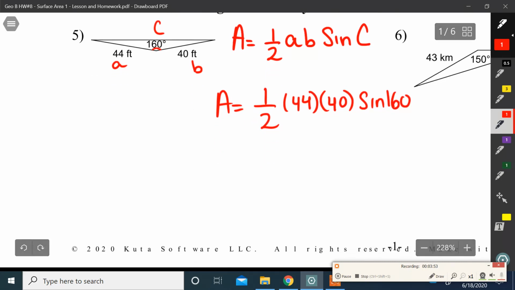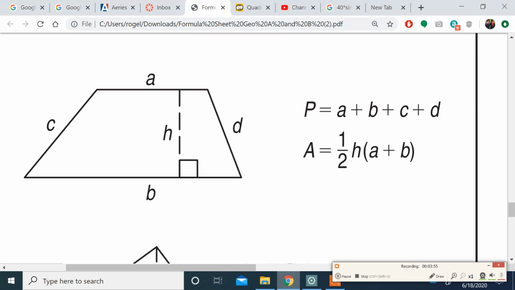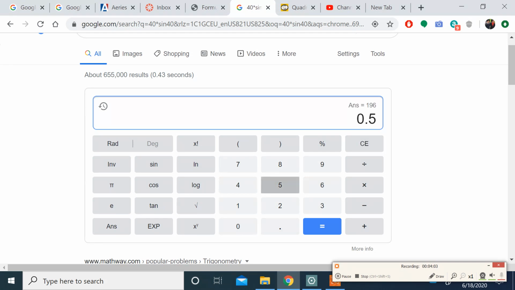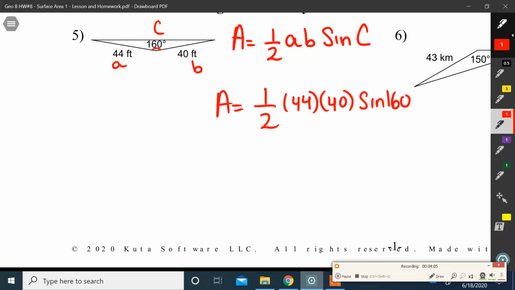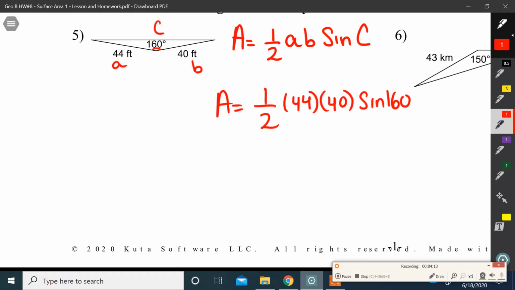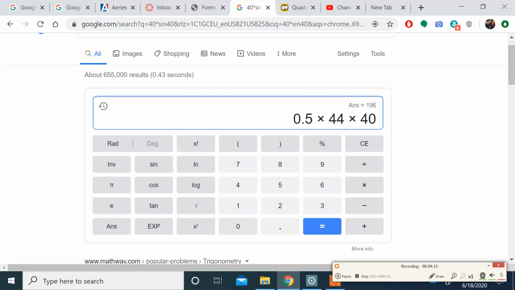Okay, we are going to go to our calculator now. Let me see if I can pull it up right here. So it was 0.5. Again, the reason why I write 0.5 is that it means half. 0.5 times 44 times 40 times sine.